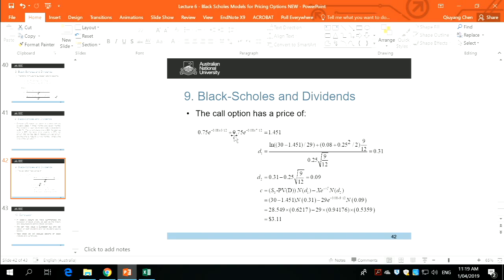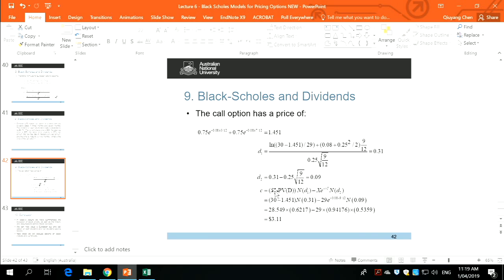Similarly, we discount back the second dividend by 7 months, and the sum of the present value of the two dividends is $1.45. Then we subtract the $1.45 from the current share price of 30 throughout the calculation. So when we calculate D1, we subtract $1.45 from the $30 price.